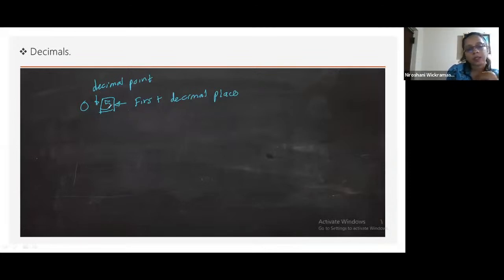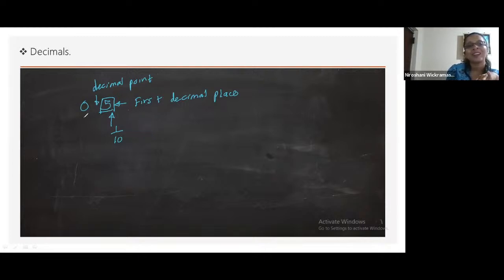The digit in the first decimal place is 5, and this place is the 1/10 place. The value it represents is 5/10. Later we will talk about that, right?